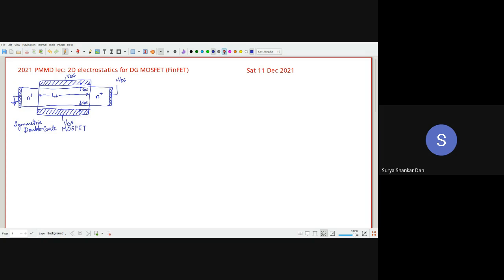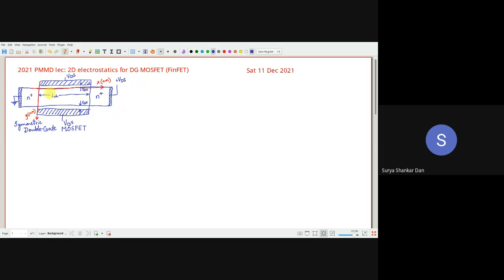As usual, as we have done in the case of the standard MOSFET modeling, I will put this as the y direction in nanometers. And this is x in nanometers.